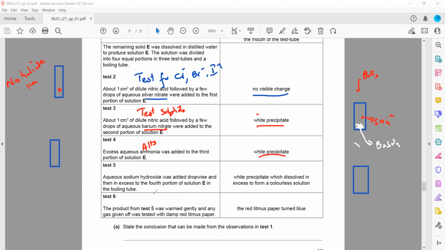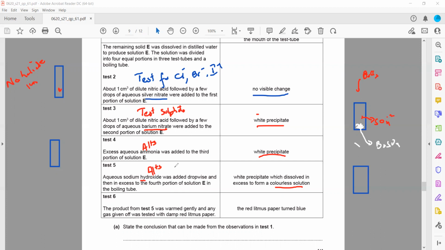If a white PPT gives a colorless solution, this gives an idea that it might be aluminum ion or zinc ion. But because we already identified that adding excess aqueous ammonia gave a white precipitate, this confirms that it is not zinc, it is actually aluminum. This is the observation for the presence of aluminum ion or zinc ion.